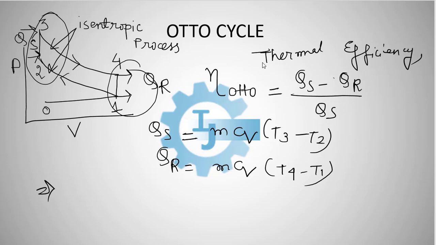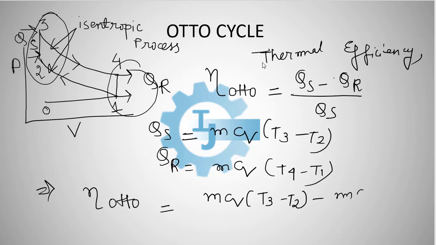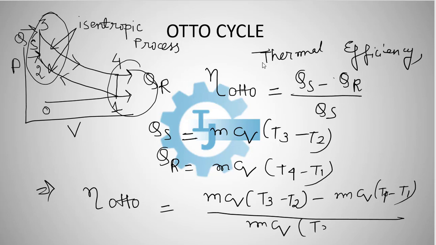Therefore, efficiency of Otto cycle will be m Cv (T3 minus T2) minus m Cv (T4 minus T1) divided by m Cv (T3 minus T2).